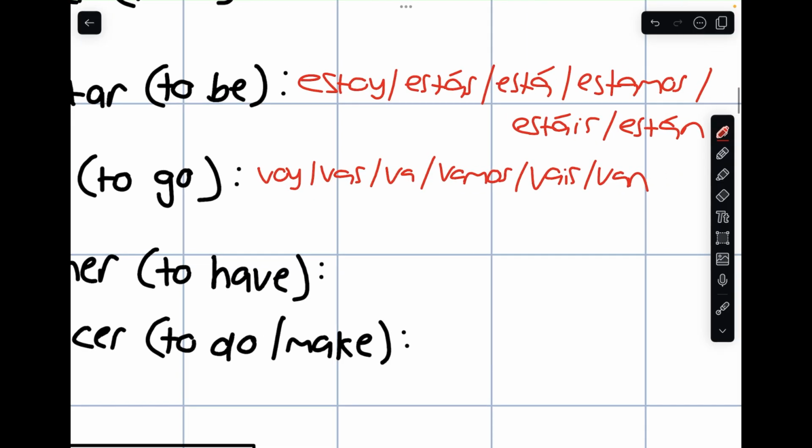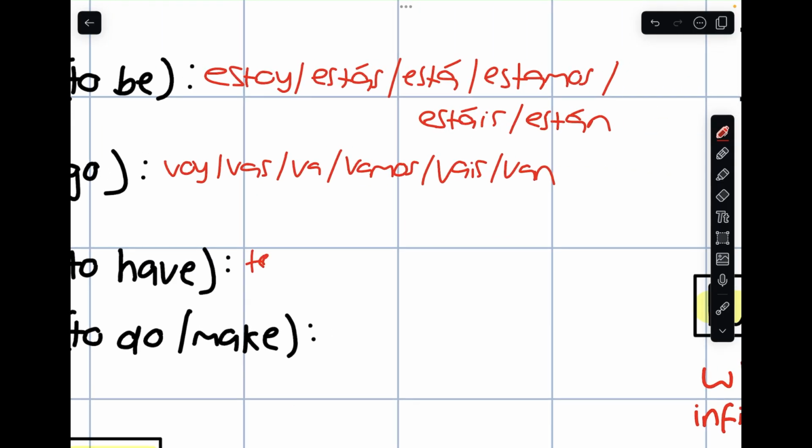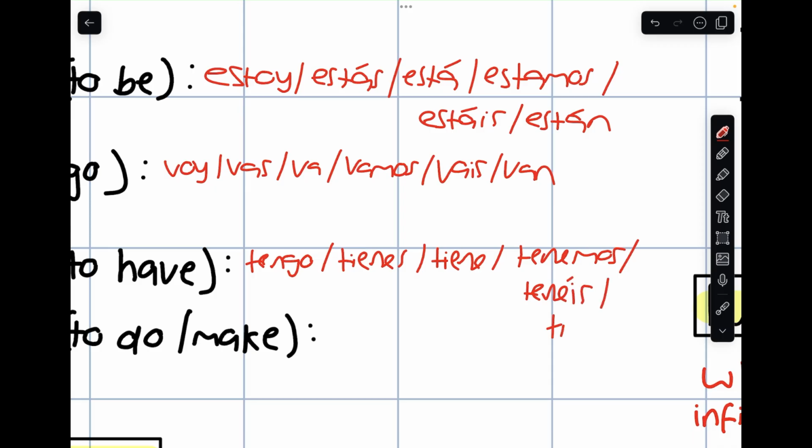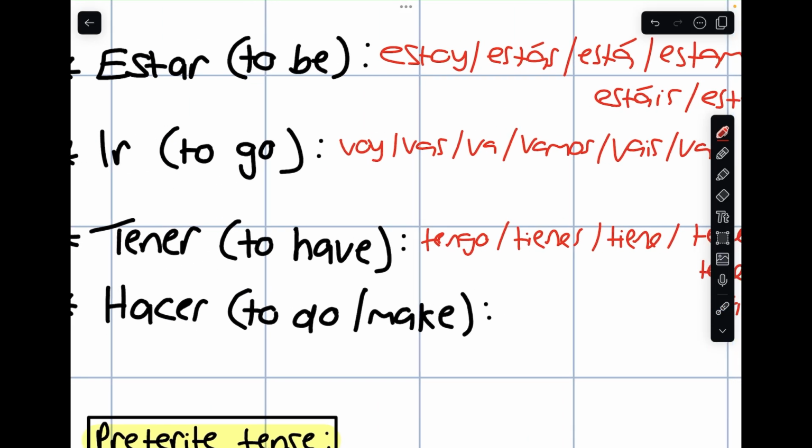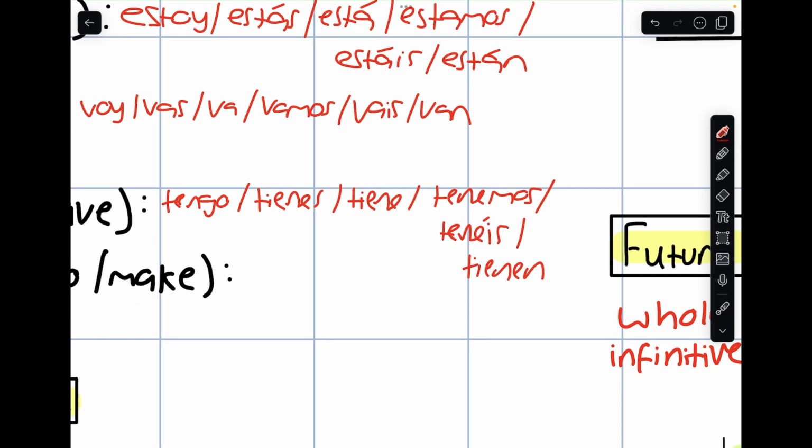Next we have tener, which means to have. Tener becomes tengo, tienes, tiene, tenemos, tenéis, and tienen. So that means I have, you have, he has, we have, you have, they have. And finally, we have the verb hacer, which means to do or to make.